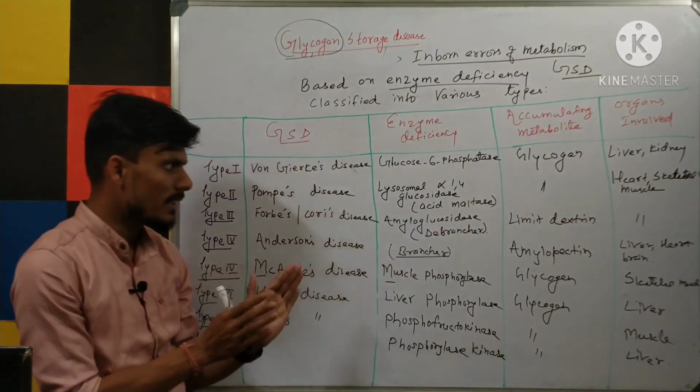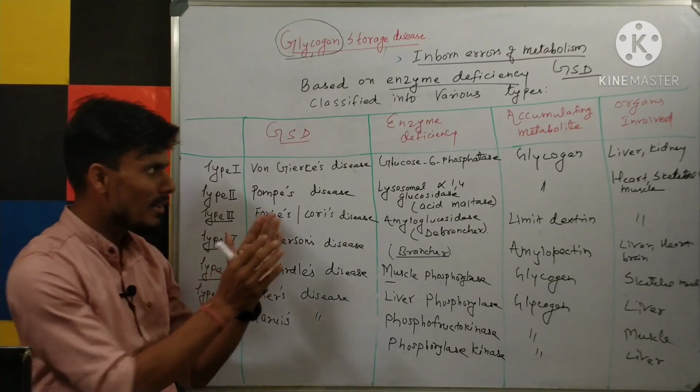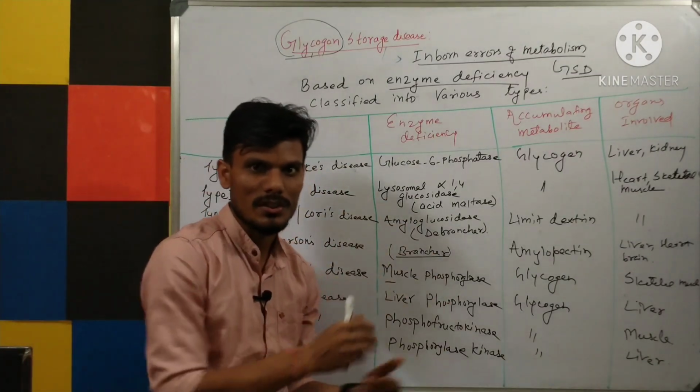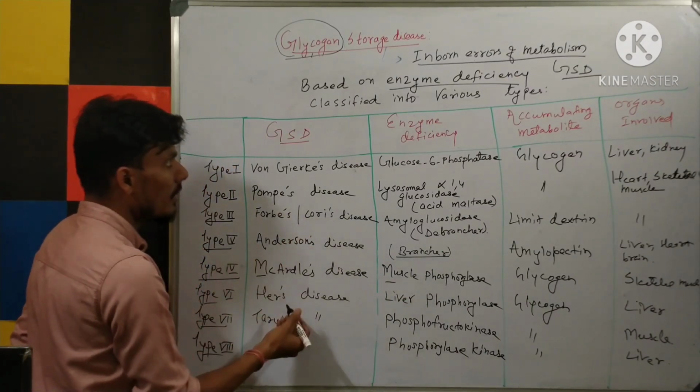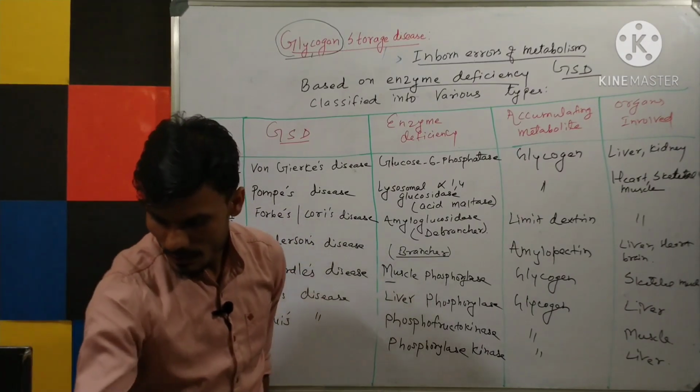I hope the concept is clear. You can remember this, and you can make a flow chart of this table in your examination also. You can make a mnemonic for this as well.